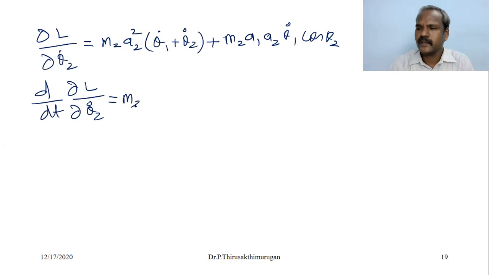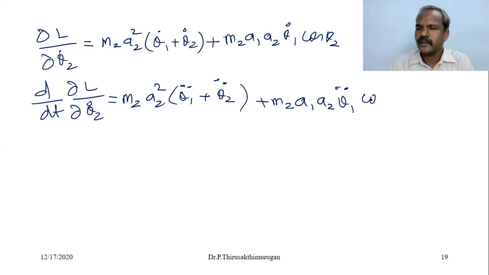What I am getting is m2 a2 square theta 1 double dot plus theta 2 double dot m2 plus m2 a1 a2 theta 1 double dot cos theta 2 minus m2 a1 a2 theta 1 dot theta 2 dot sin theta 2, right?